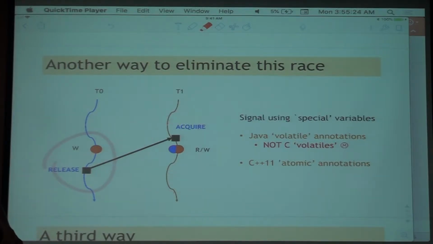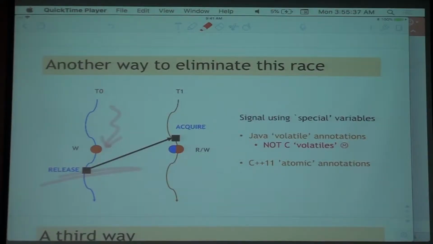What that means is that you are basically providing a fence operation here that reliably posts the values you wrote before, so that when you observe the value of this variable here, you can be sure that it is this value you are seeing.